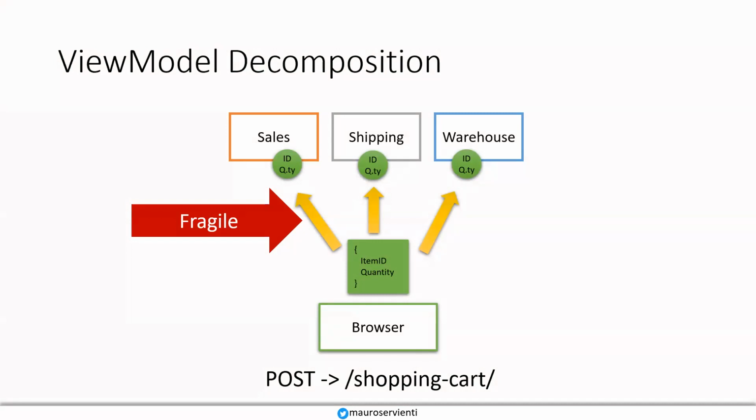So let's have a look again at this picture. The communication when posting data from the front end or from the client to services is a very fragile point. Let's imagine those 3 yellow arrows are HTTP requests.